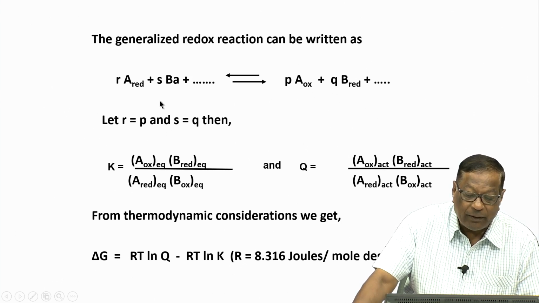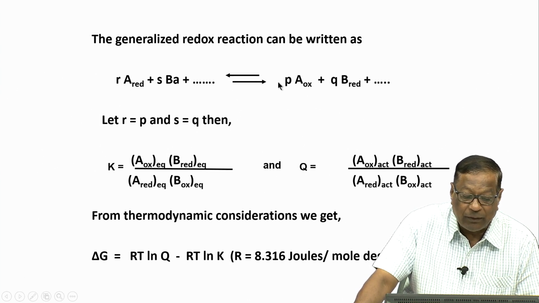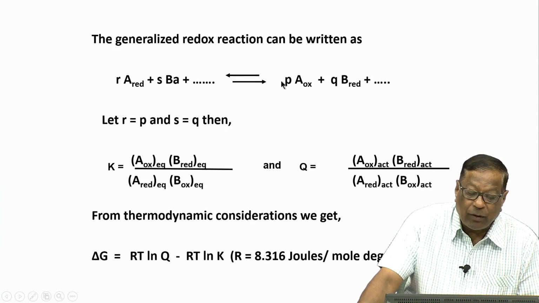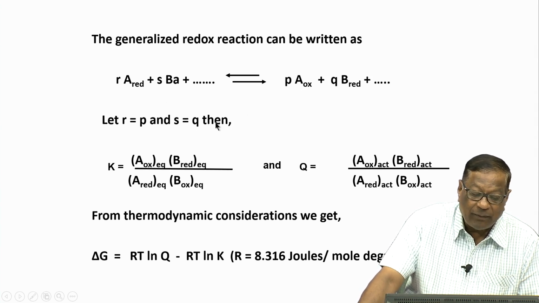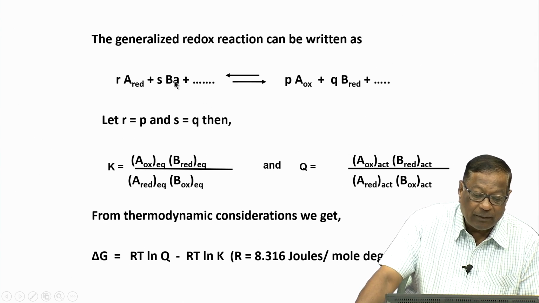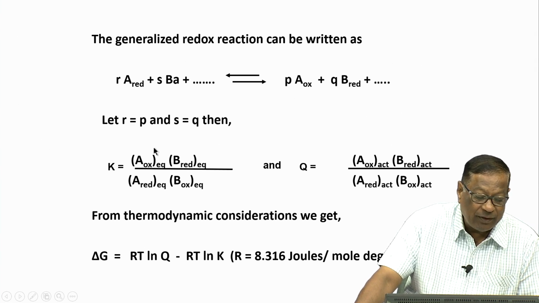So, I have written here R, S, P, Q. If both sides are equal, R is equal to P, that is the same number of molecules getting oxidized as reduced, and the same thing here with respect to the other party, that is B, the oxidized species and reduced species.